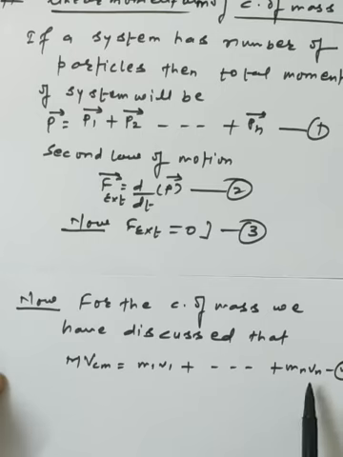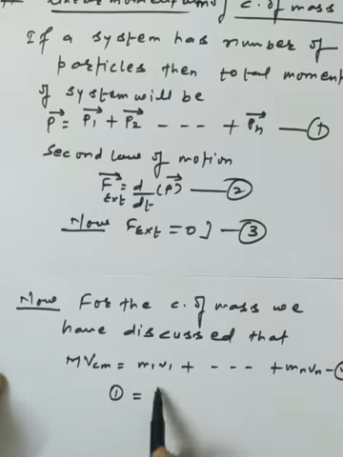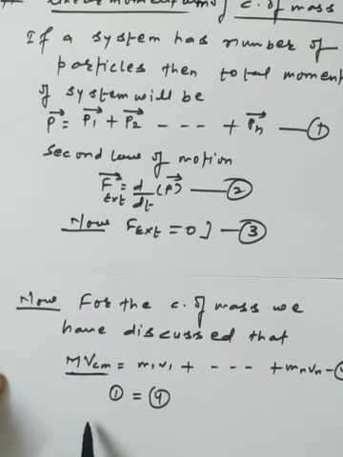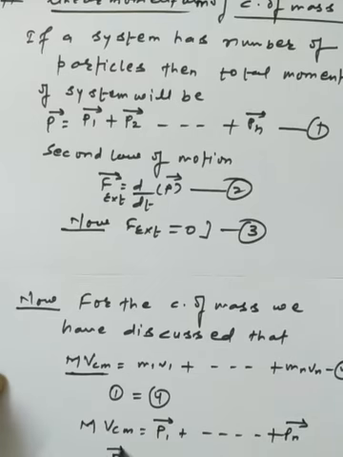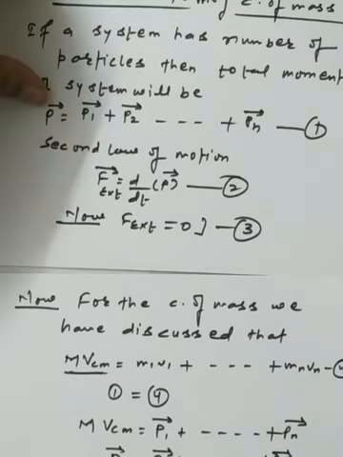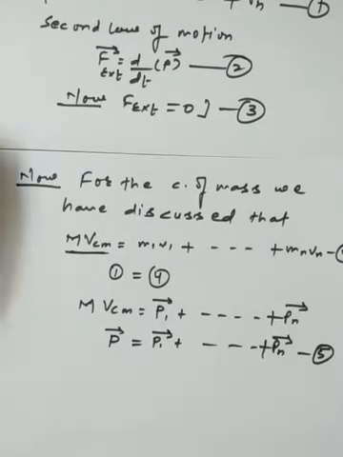As we compare equations 1 and 4, it is also a momentum for the whole system. So M times the velocity of the center of mass is equal to p1 plus and so on plus pn, where P is the total momentum of the whole system. So the momentum of the center of mass is equal to the momentum of all the particles of the system.